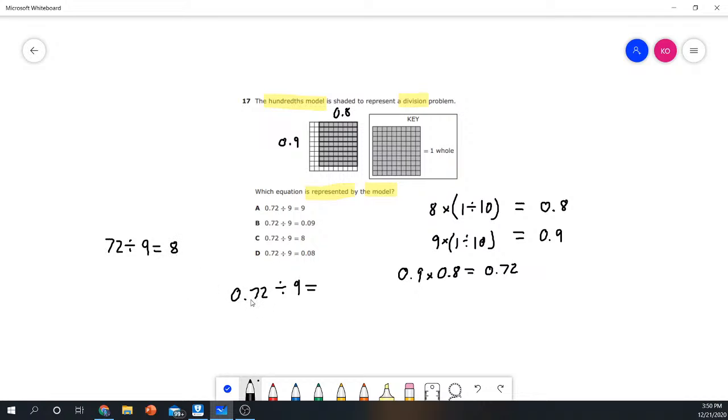But we're dividing 0.72, which means the decimal would go back 2. That means our answer would also go back by 2, and a 0 would be right here. So our answer is 0.08. And we see this perfectly matches equation D. So D would be our final answer.